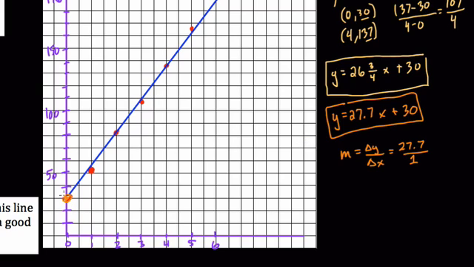So now I'm just going to do this on my graph, right? I go up 28 and over 1. So for me, 1 is all the way this distance right here. So it's a point about here, right? In fact, probably even a little bit lower. So 27.7, 28 right there. See how close it is to that point. And do it again. Go up 28 and then over 1.